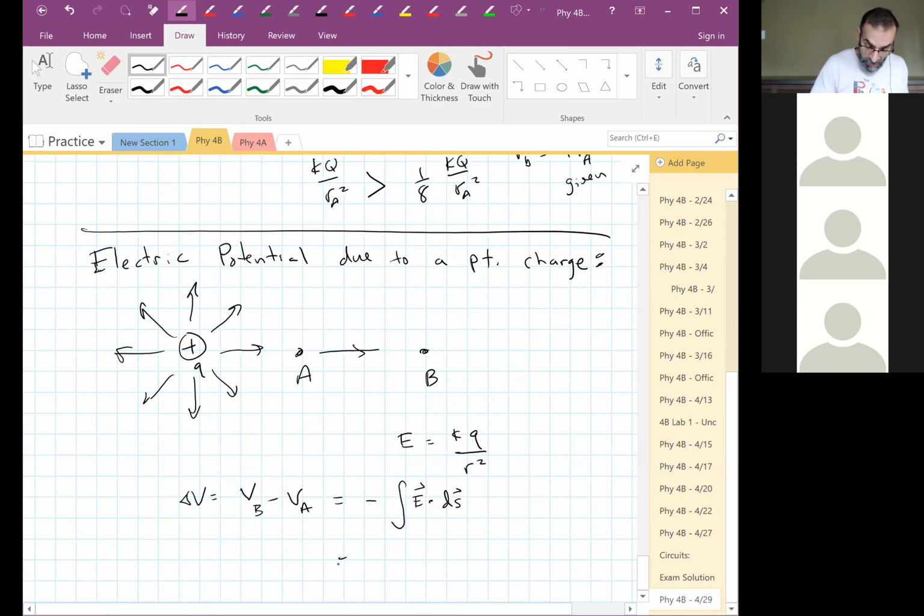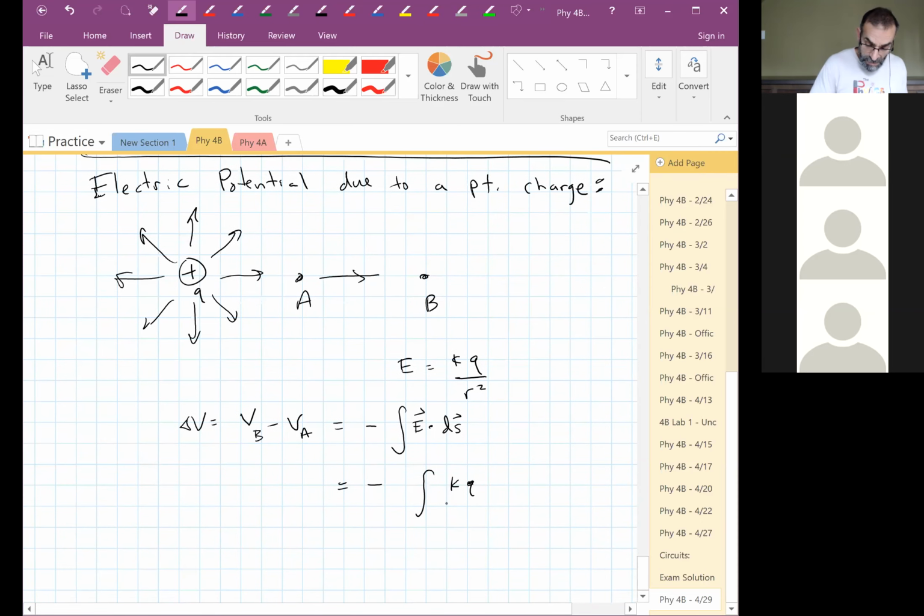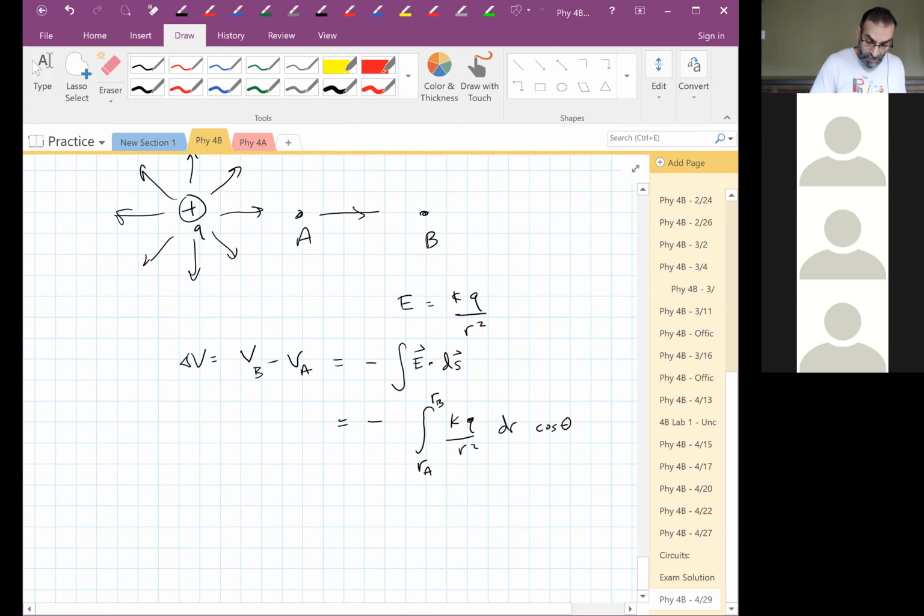So let's plug in what we know. E is KQ over R squared. We're going to get a dr. We're going to get a cosine 0 degrees because we're moving in the same direction as the electric field points. And we're integrating always from the small number to the large number. And so what do I get?